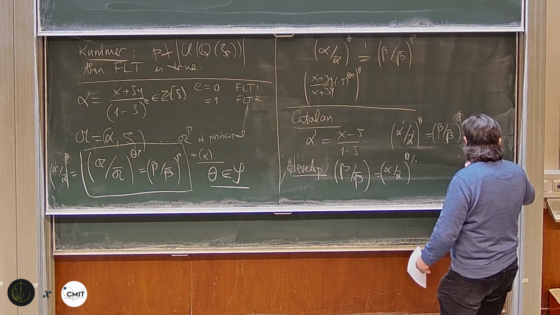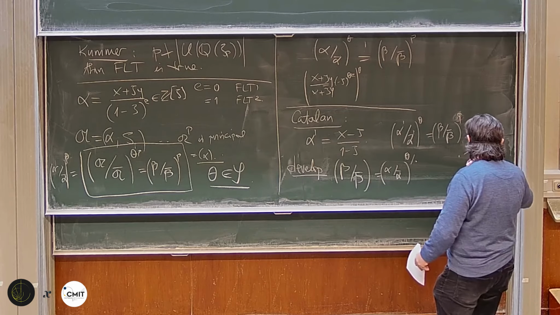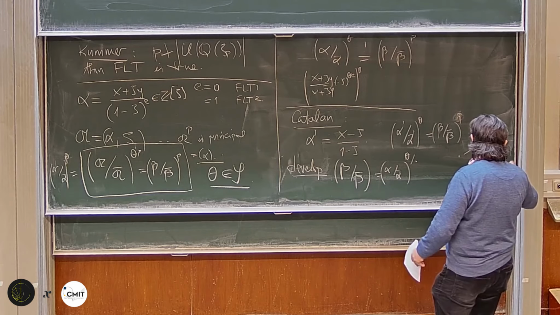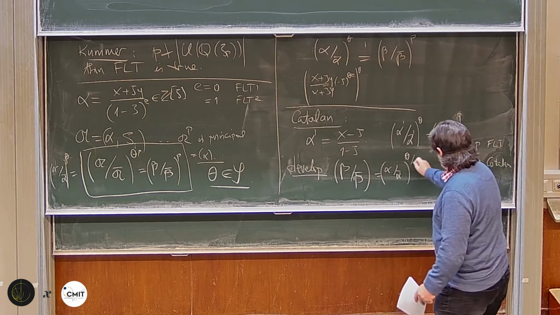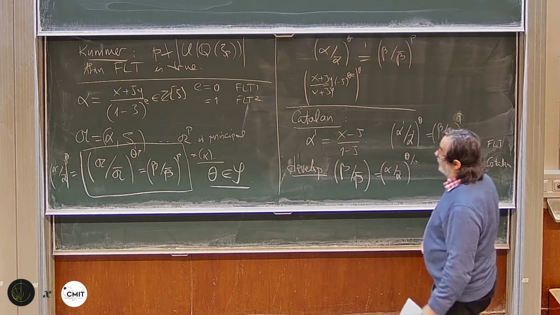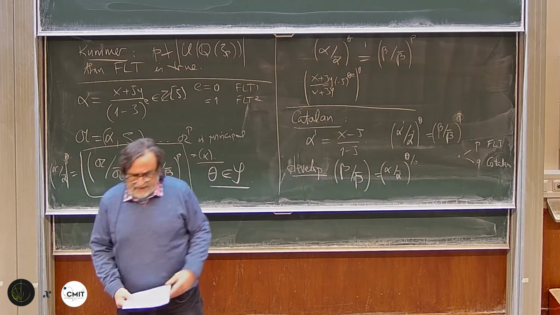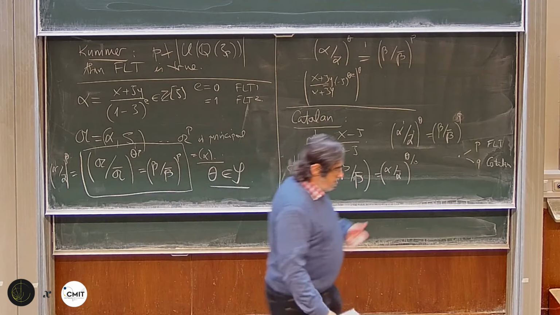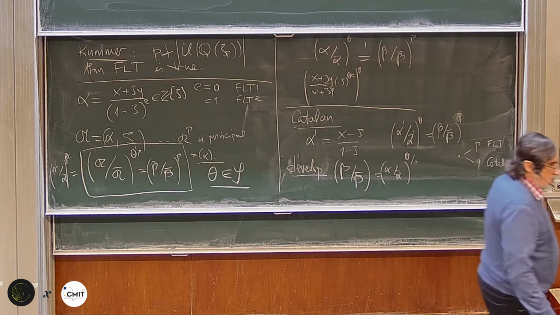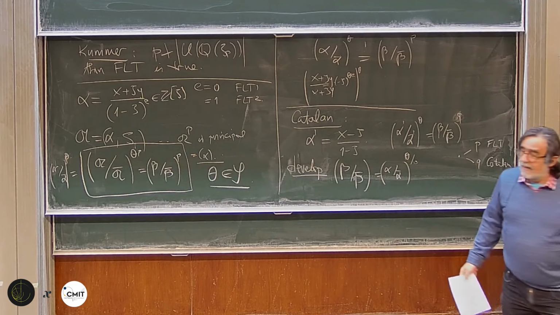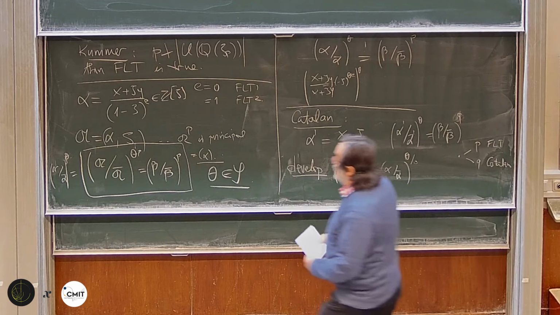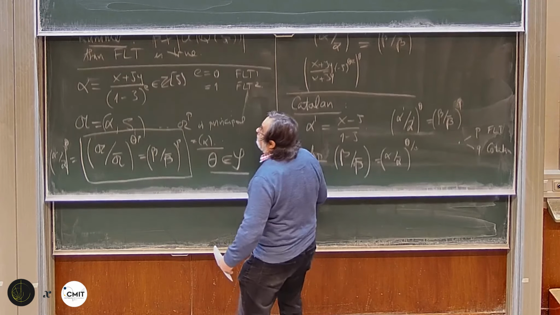It's p in the case of Fermat, and it's q in the case of Catalan. And you have a power series development. And this thing can lead even to some contradictions in the case of Catalan, and it leads to some bounds.